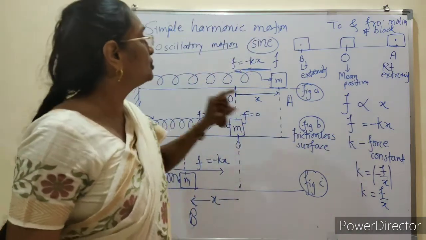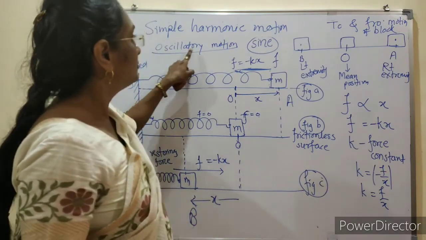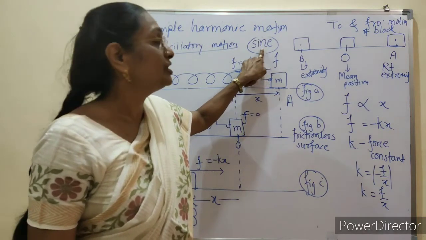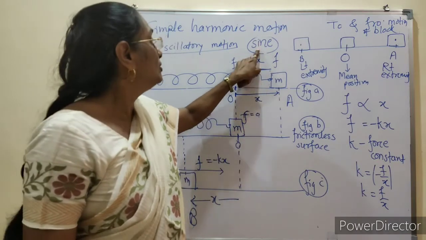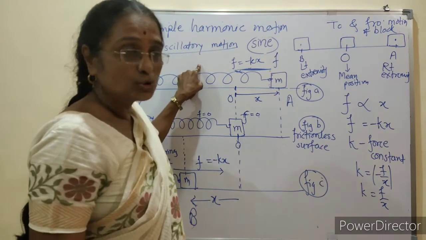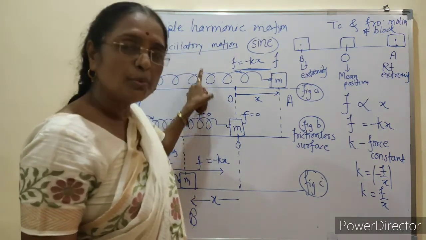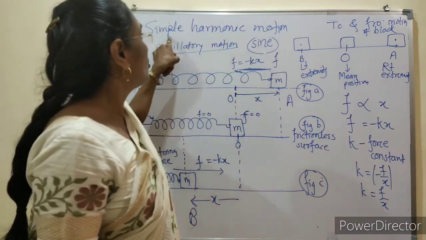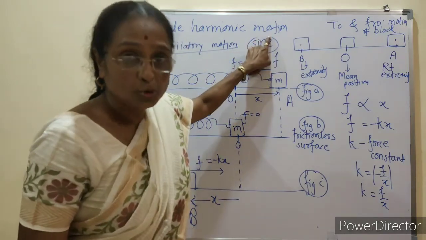Such types of oscillatory motions can be explained by using a trigonometric ratio like the sine ratio or cos ratio. These motions are harmonic motion, sinusoidal motions. The oscillatory motion which is simple to describe by only one function can be called a harmonic motion, and here it is simple harmonic motion.